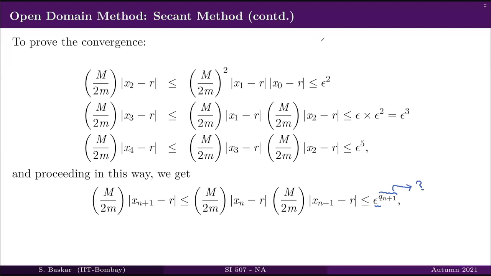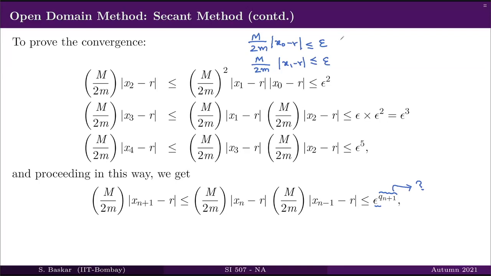Before that, we had epsilon, because we know that M by 2m into |x0 minus r| is less than or equal to epsilon, because epsilon was defined as the maximum of this, as well as M by 2m into |x1 minus r|. Therefore, both these terms are less than or equal to epsilon.